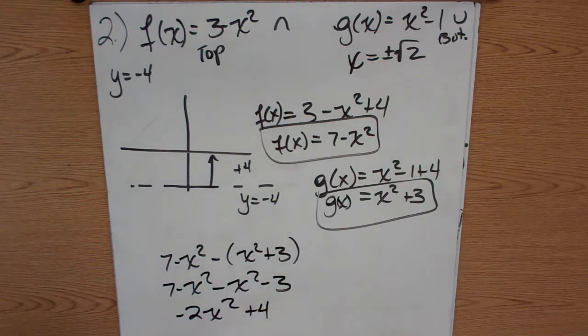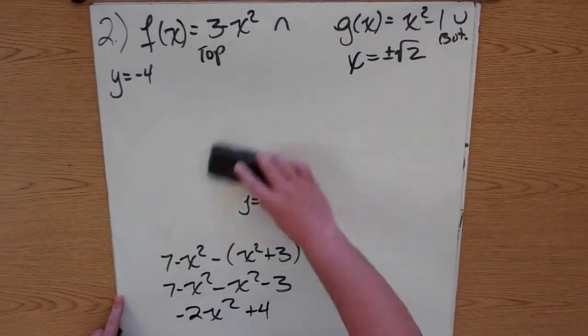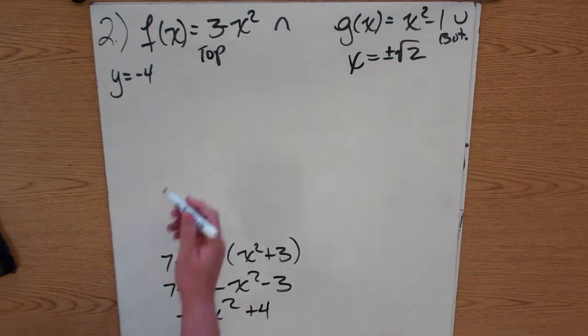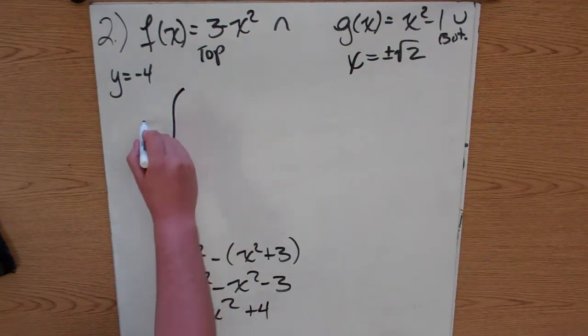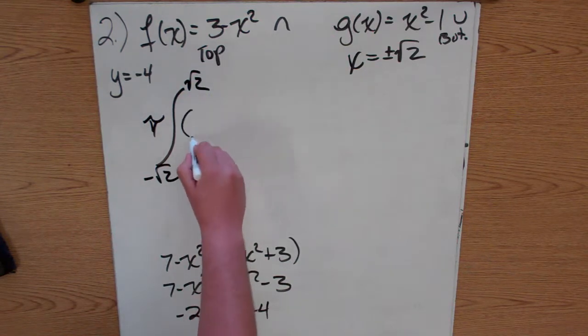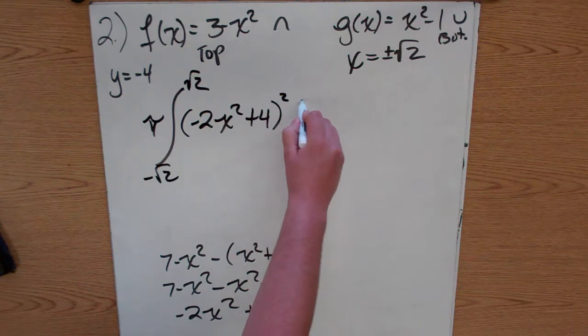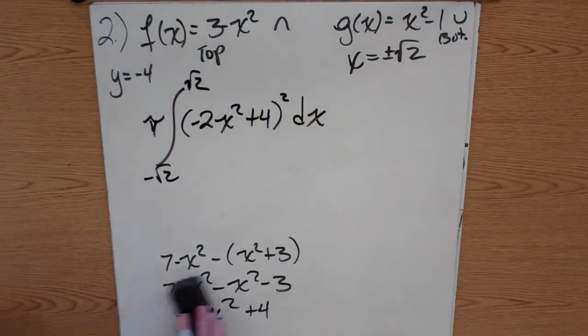Alright, so that's the function we're going to be integrating, is negative 2x squared plus 4. Pi out here, negative square root of 2, positive square root of 2, negative 2x squared plus 4 squared dx.